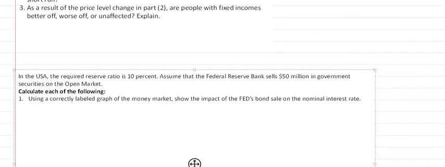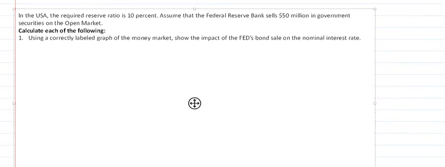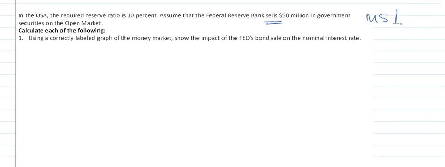And we're back. So in the USA, the reserve requirement ratio is 10%. Assume that the Federal Reserve sells. Okay, that's a key word. So we know that the money supply is going to decrease. Okay? So assume the bank sells $50 million in government securities. So already we know 10%.